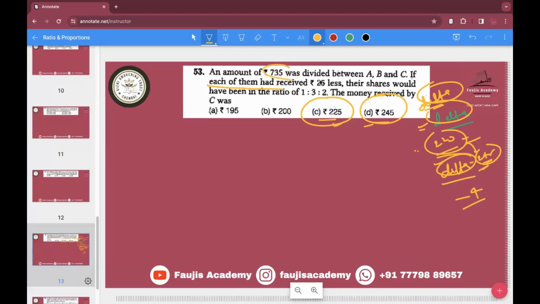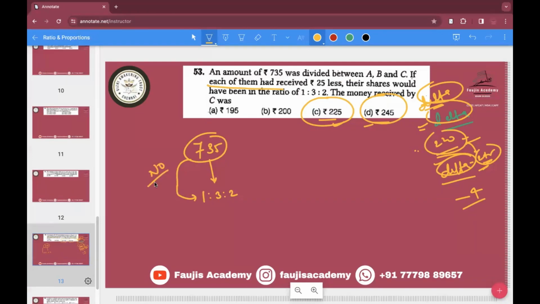This amount was divided between A, B, and C. If each of them had received 25 rupees less, their share would have been in the ratio 1:3:2. Is this number a 1:2:3 ratio? Yes or no?